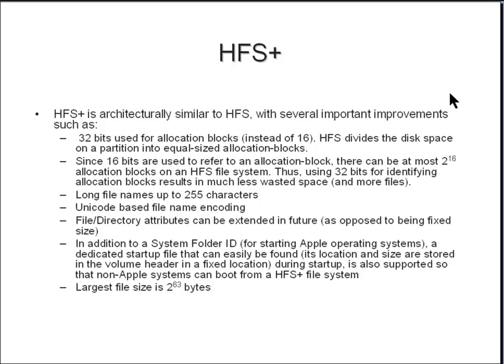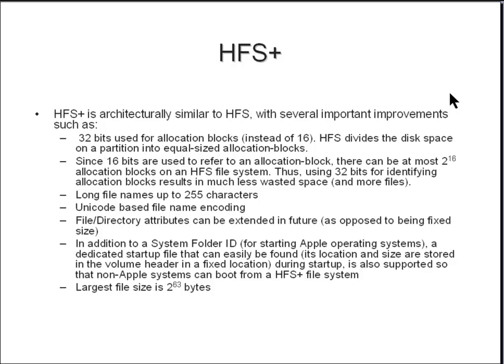Okay, some of the reasons why HFS Plus, while it's architecturally similar to HFS, has quite a few improvements, including that it now uses 32 bits for allocation blocks instead of 16 bits, and of course, since 32 bits is much larger than 16 bits, you can have many more files on an HFS Plus formatted hard drive.